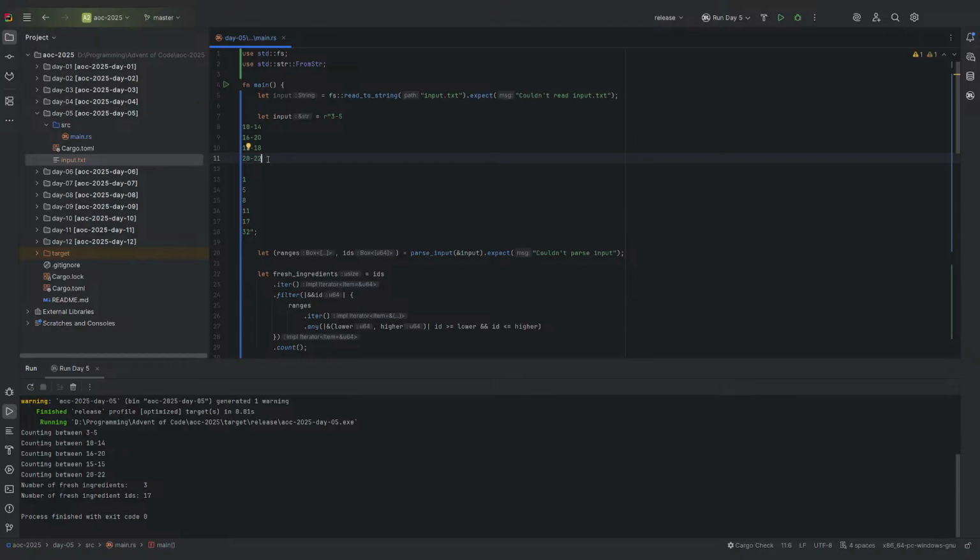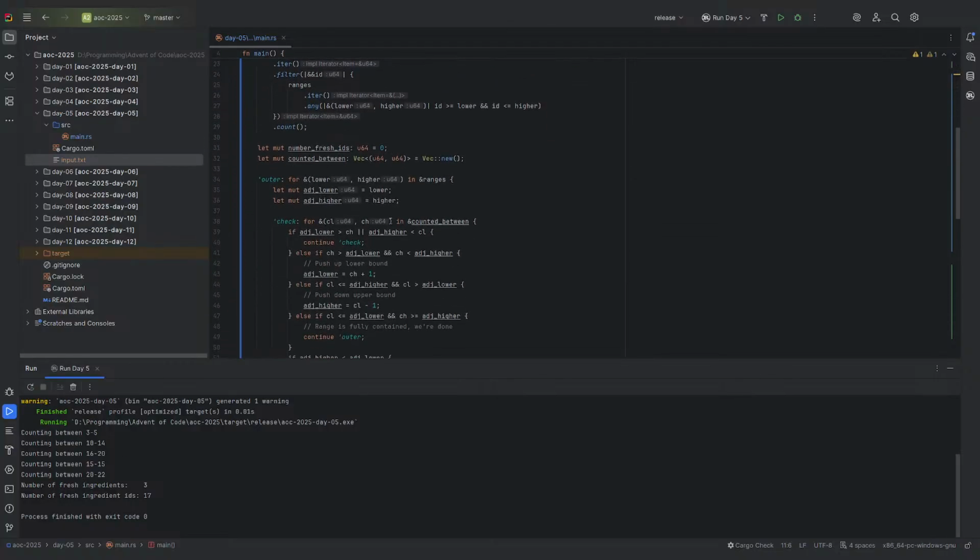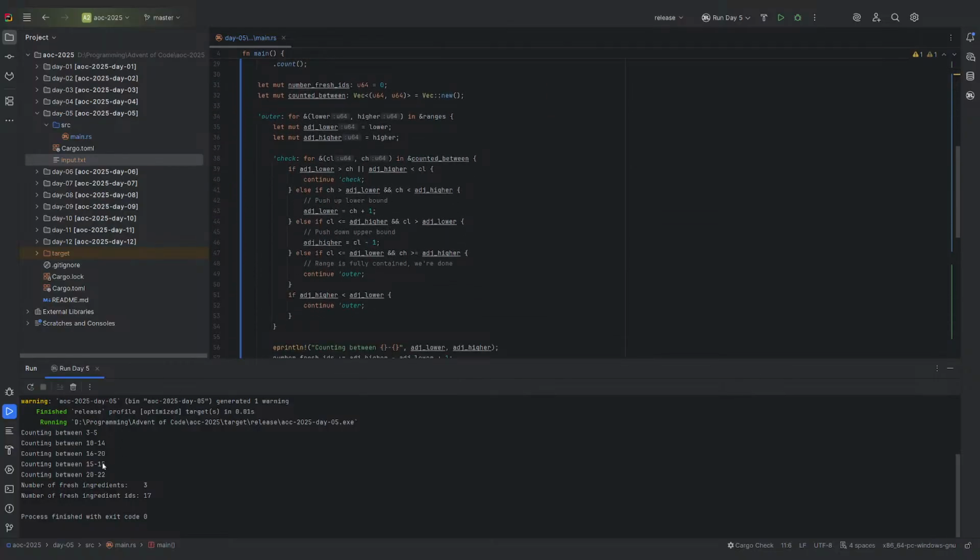That might be something. Again. Why does it recount at 20? That is an edge case. Good to know. That is for the lower bound having to be pushed up.